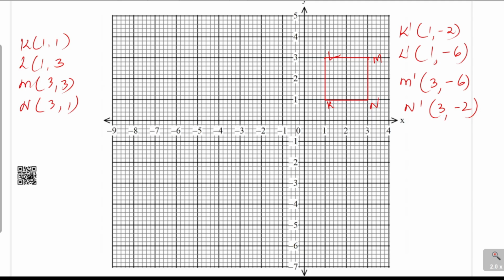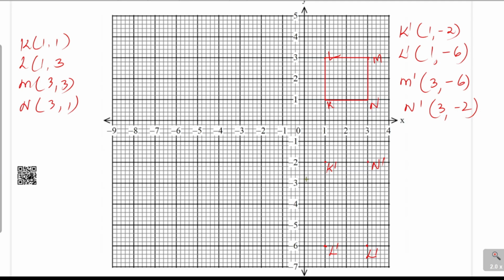Then you have K prime. K prime is here, K prime is (1, -2). L prime (1, -6). M prime (3, -6). And then we have N prime (3, -2). So we've done that.